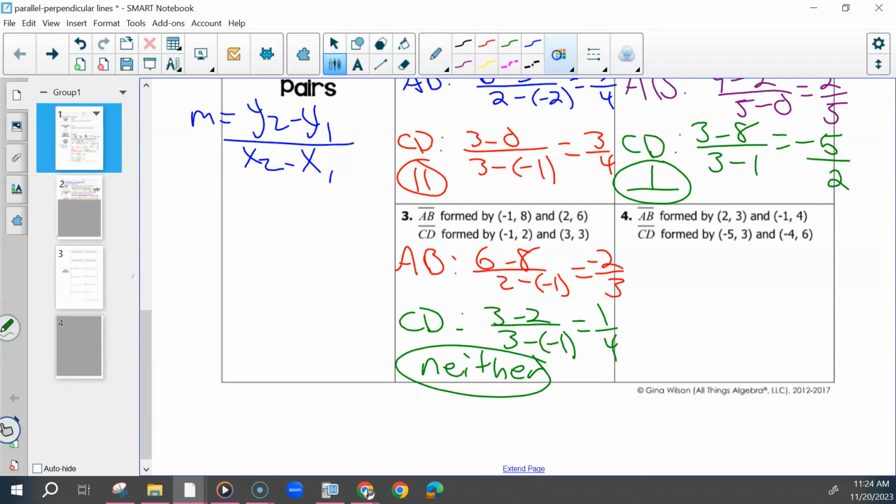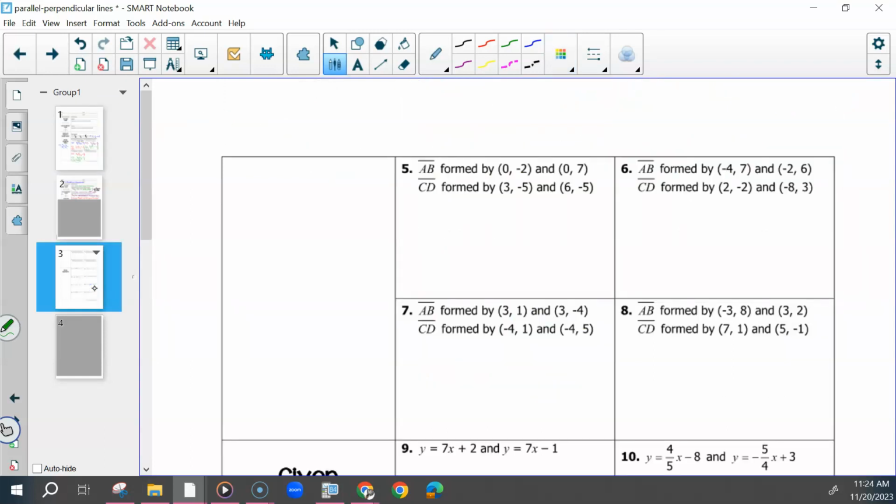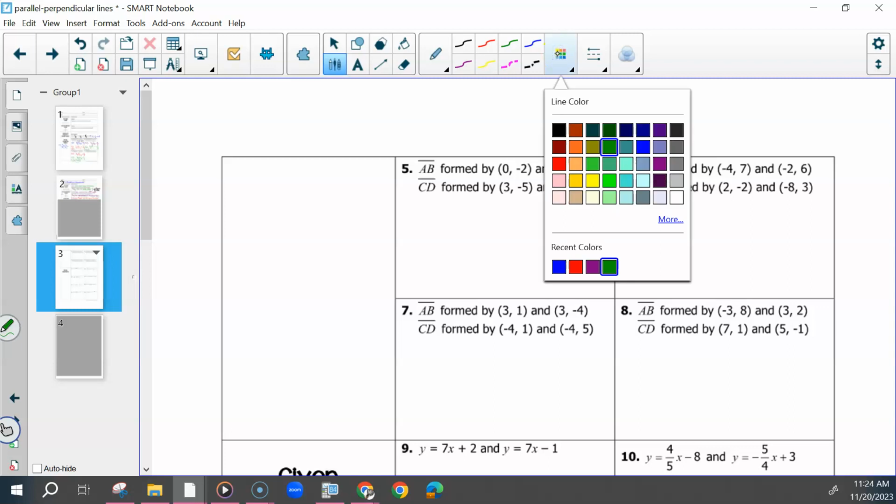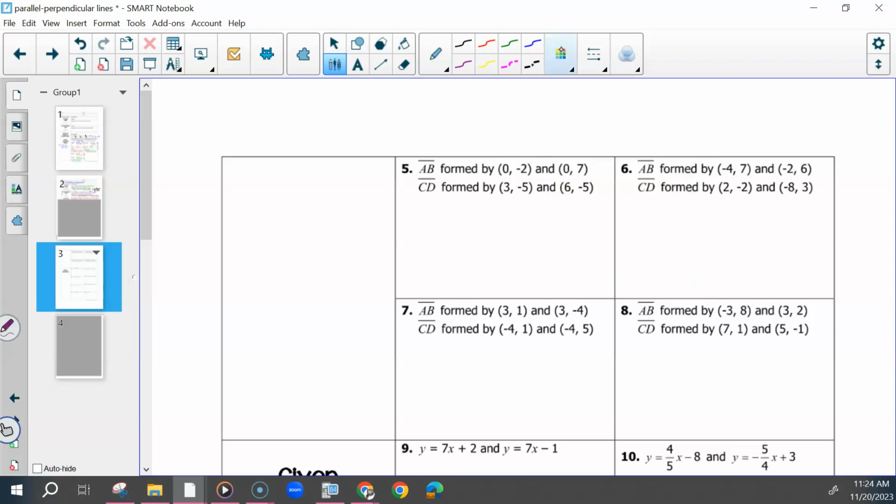Go on to the next page. We are going to do number 5. Okay, so same process. Find the slope. We have 7 minus a negative 2 over 0 minus 0.